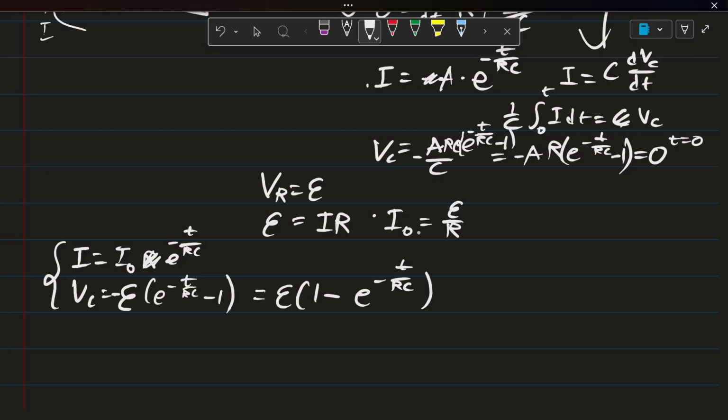With this, you could try to plot this in a graph, comparing Vc against time. Starting from time equals 0, it's pretty much 0. And when time goes to infinity, we know that the exponential term will approach 0. That means it will approach the EMF. So it will have a graph something like this.